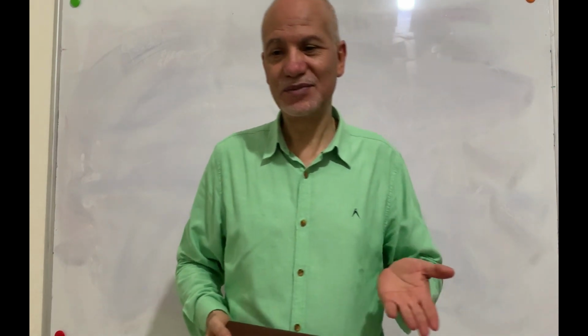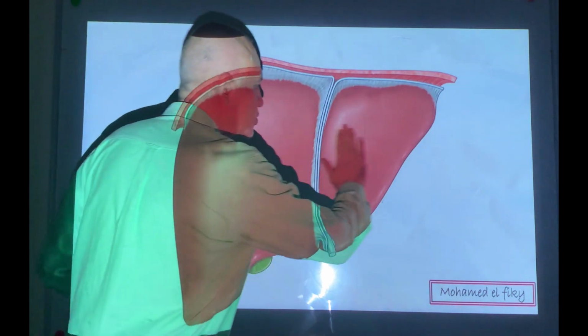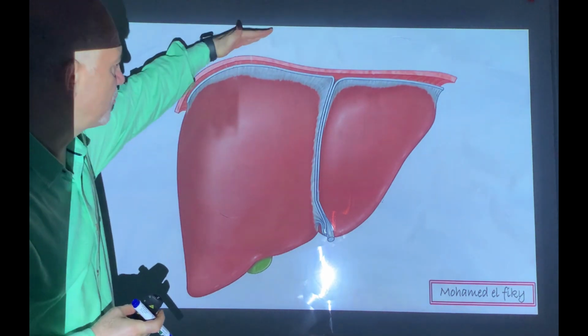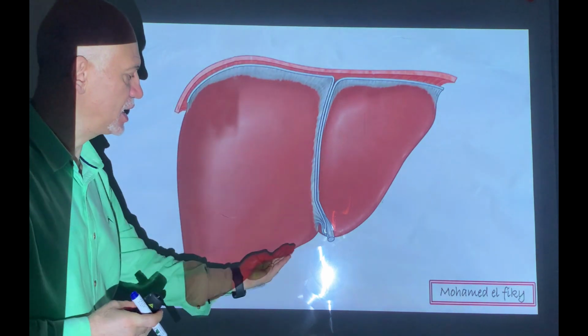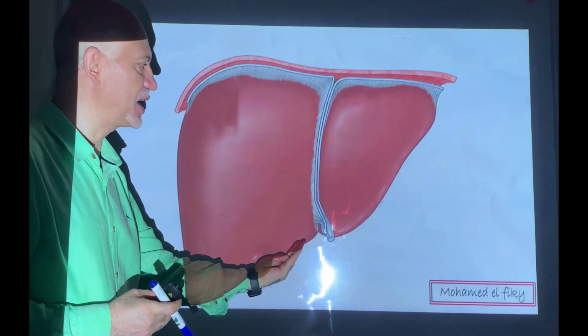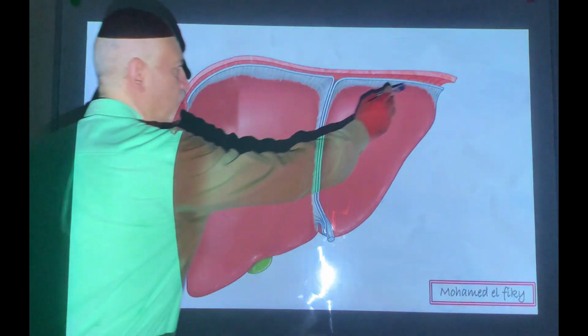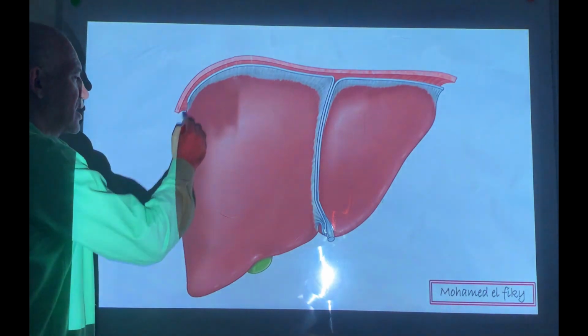In the diagram, this is the anterior surface of the liver from the front, from above the superior surface, and from the back the posterior surface, and this is from the back the inferior surface. This is the upper border, the inferior border is a sharp border, and this is the right border.